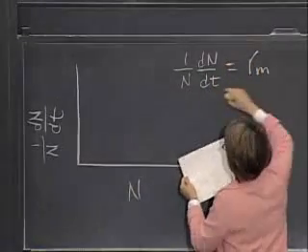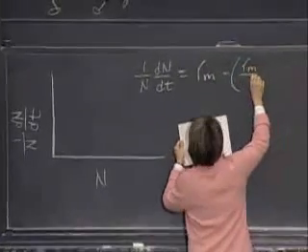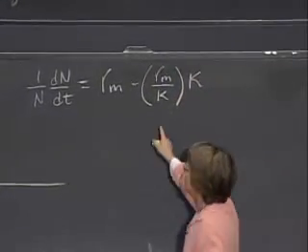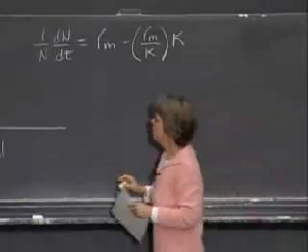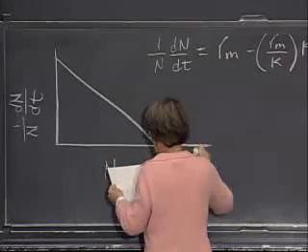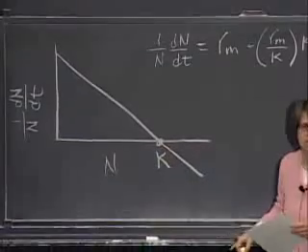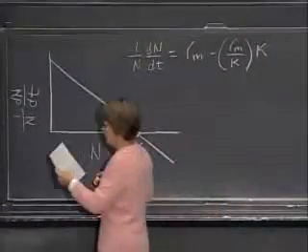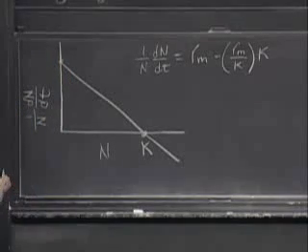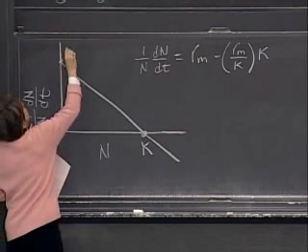We're just rearranging that equation to make it easier to visualize. Okay, so now we have a line, and we can put that on this curve such that K is the x-intercept. And what's this? R max, exactly.